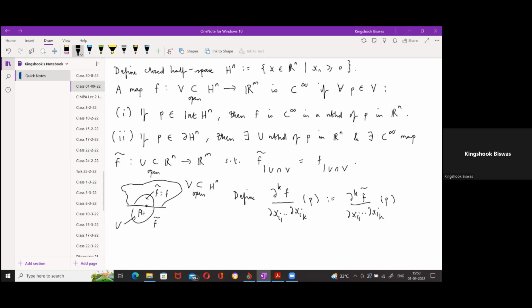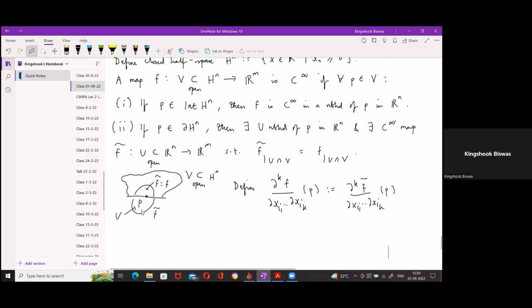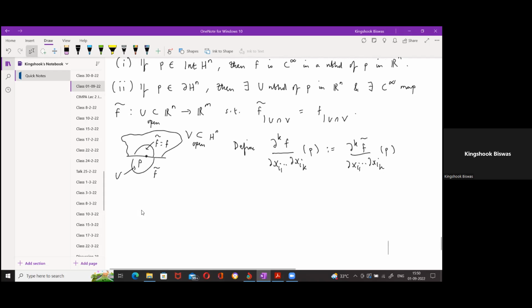And this is well defined because, since f tilde is C infinity, the partial derivatives are continuous.